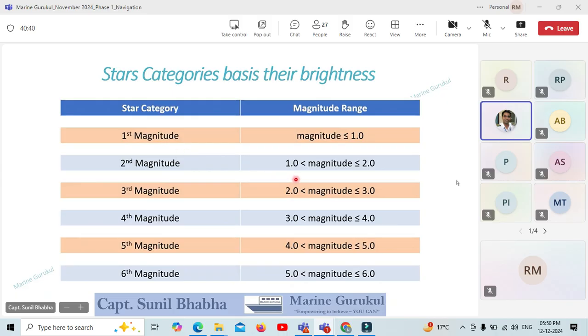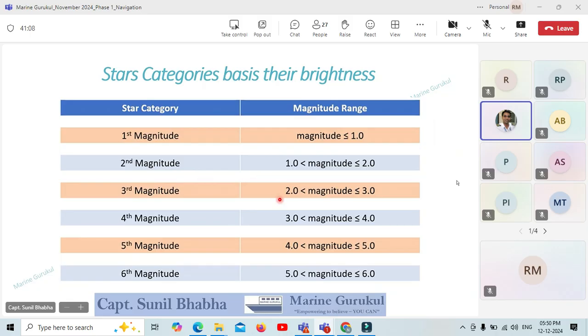Now, stars having magnitude greater than 1.0 and less than or equal to 2.0 are called second magnitude stars. In case you are not able to find a suitable first magnitude star for sight taking, you can also pick a second magnitude star. They are also bright enough to be used conveniently for observation.